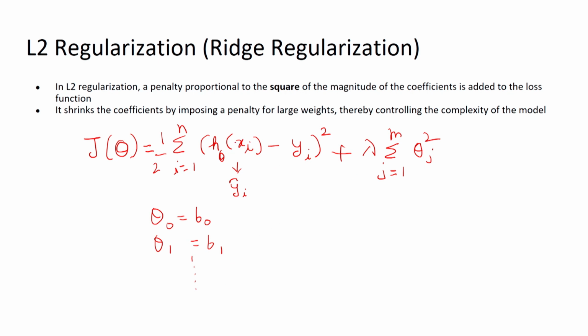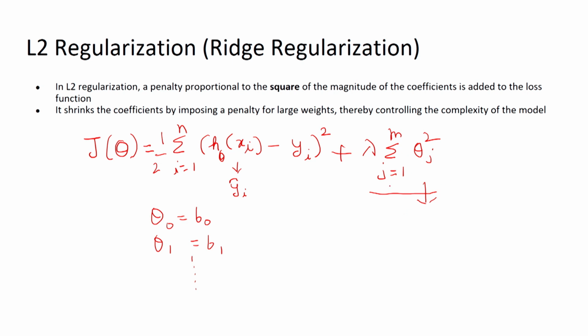So, what we have done, in this cost function we added one more term, and now we are not only minimizing this, we are minimizing this whole function. In that case what we are trying to do is make the values of theta less, because we are minimizing this term also.